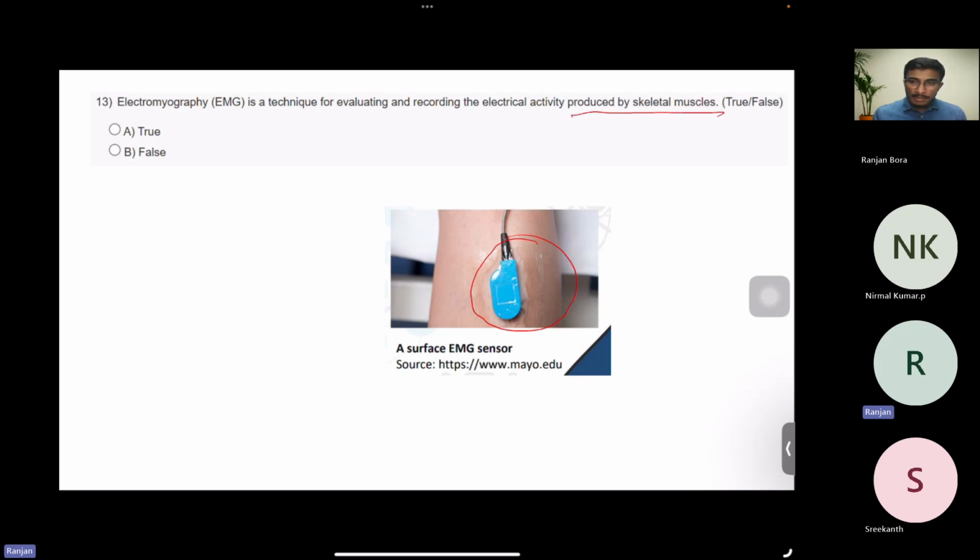Below the skin there are muscles. Using this device we can record the electrical activity of our muscles, for whichever muscle this sensor is placed on. So it is a true statement.